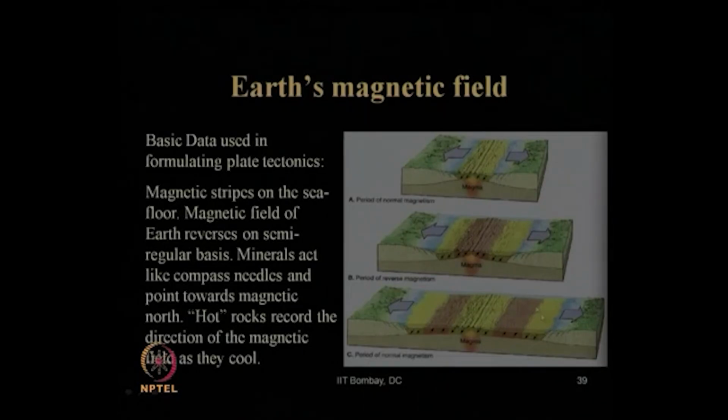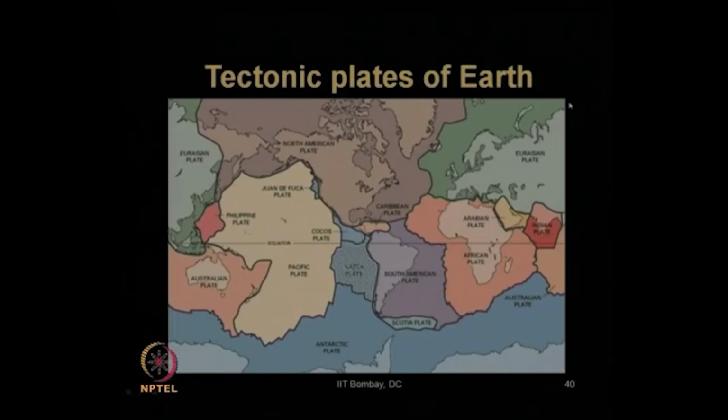So, if you see the colors change, normal magnetism, with time goes to reverse magnetism, then again to normal magnetism, like this the cycle goes on, and accordingly the Earth's minerals get oriented, and hot rocks also get the directional field of the Earth's magnetic field, which is the basic cause of tectonic plate movement.